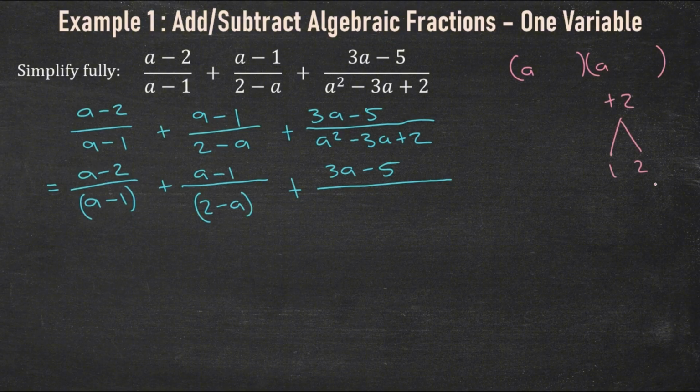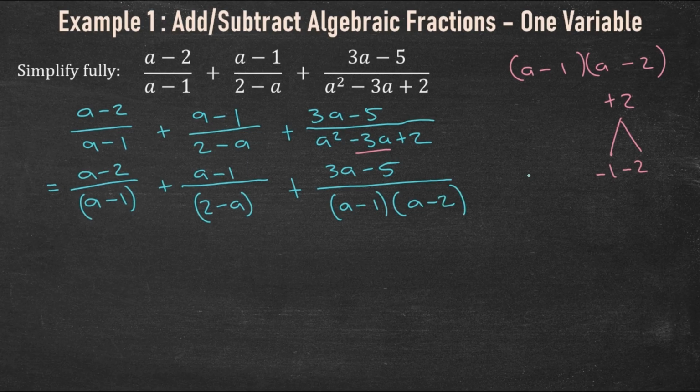We know it's going to be 1 and 2. And negative 2, subtract another 1, gives me negative 3. And negative 1 times negative 2 gives us positive 2. So that means my brackets will look like this. So let's fill out our brackets: a minus 1 and a minus 2.